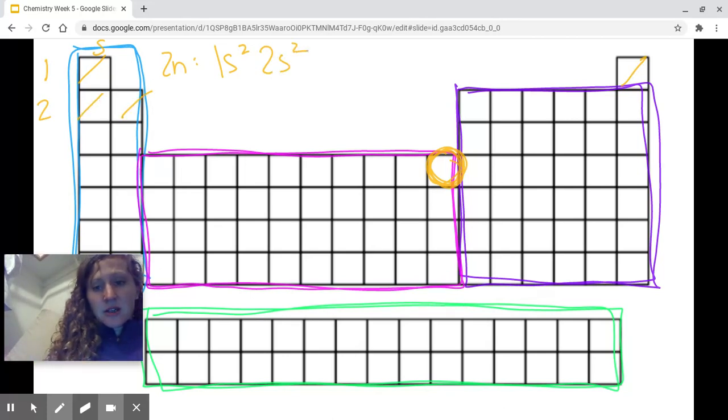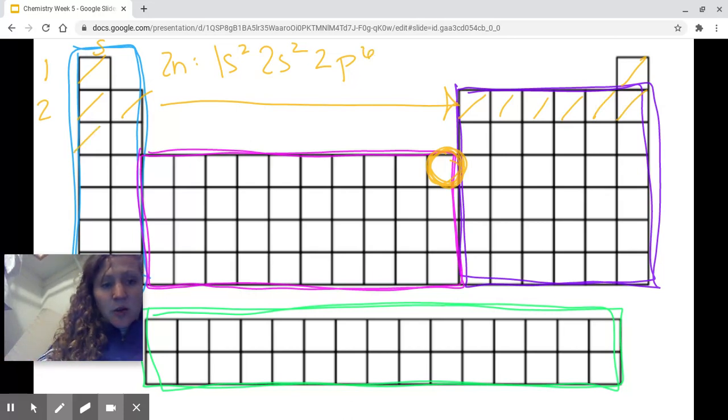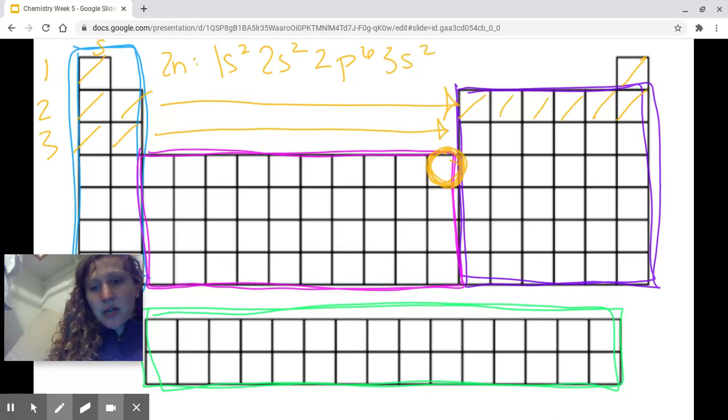Then I'm in the 2p. I'm still in the second energy level, but now I'm in the p block. So 1, 2, 3, 4, 5, 6. Okay, now I'm here. 1, 2, that's the 3s. And now I keep going over left to right. Now I'm in the 3p block, and there's going to be 1, 2, 3, 4, 5, 6.